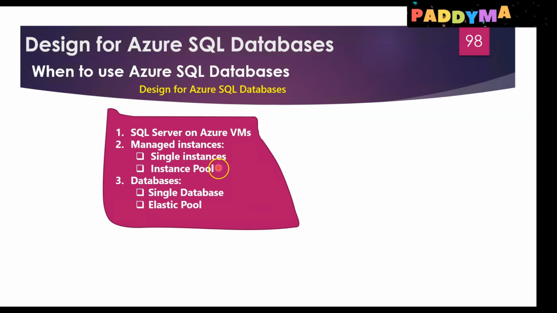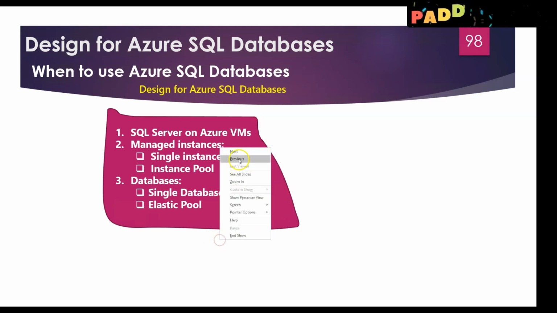And coming to the last option, what we have here is single database or elastic pool. That's a great option when you go for the elastic pool, comparatively to single databases. There are multiple options, but you need to know that these are the deployment options available.